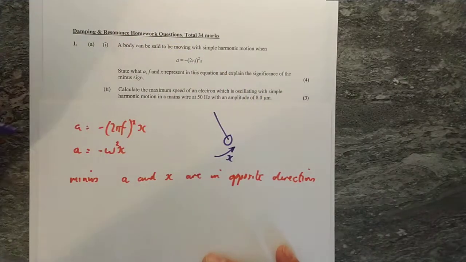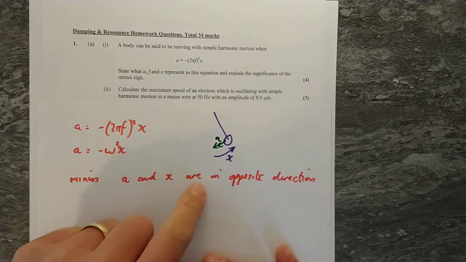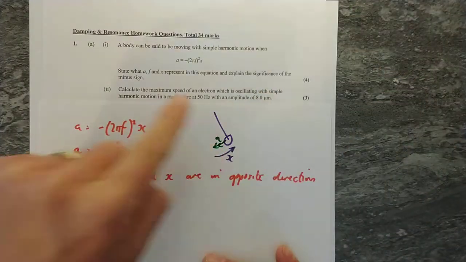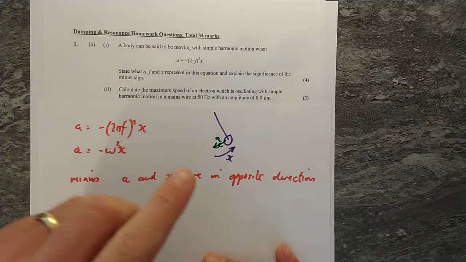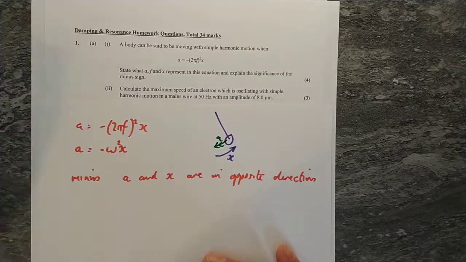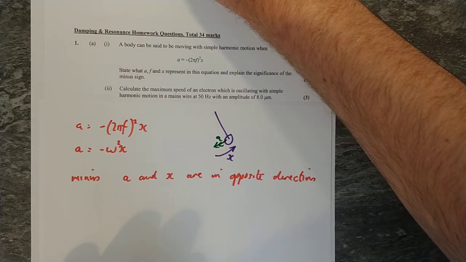It's been displaced to the right. Now the acceleration has to go in the opposite direction. If it didn't, it would just fly off and it wouldn't oscillate. Something that oscillates always has to move back to its equilibrium point and then beyond. So that's the significance of the minus sign there.